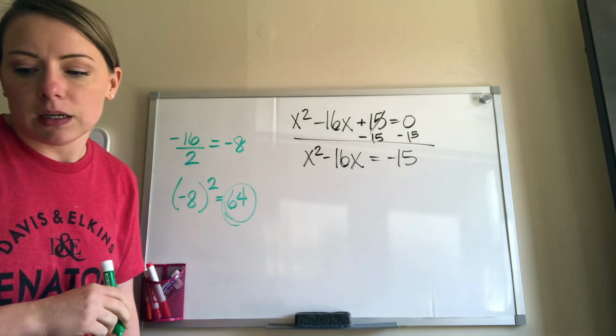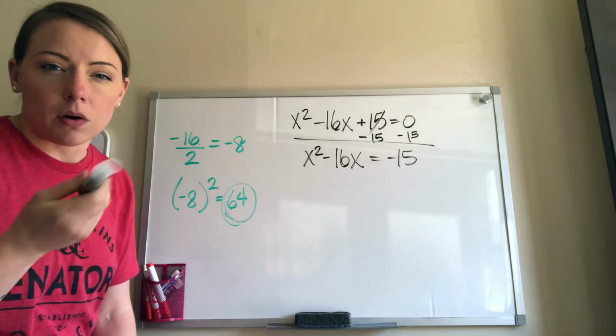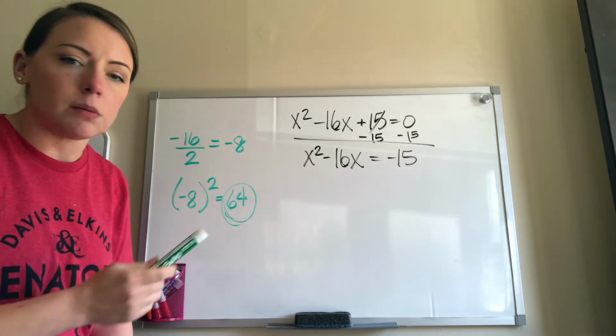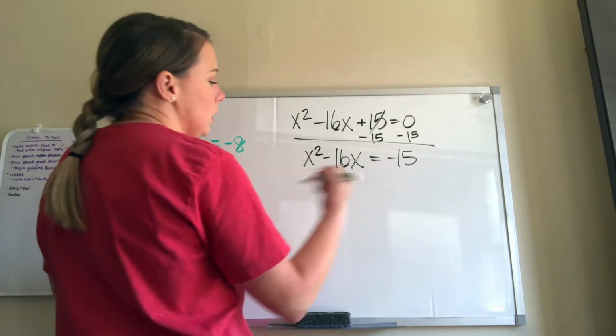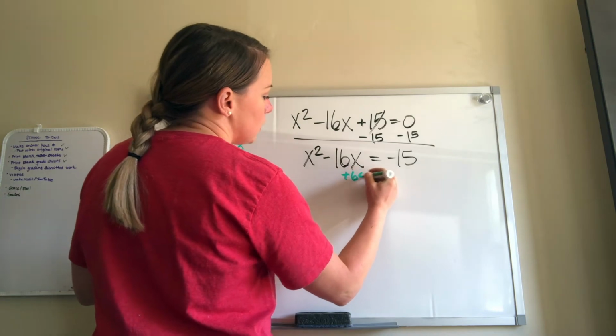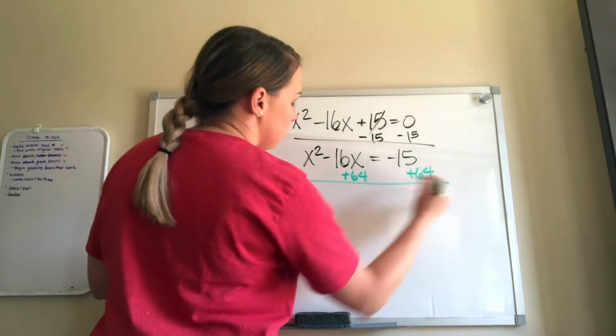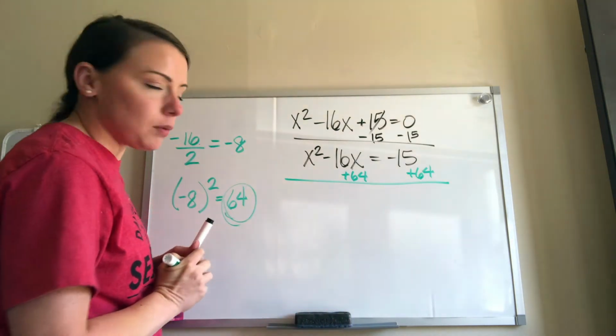And that leads me to the second part of this step, which is add that answer that you just got to both sides. So I'm going to add 64 to both sides, and that will lead me to step 3.